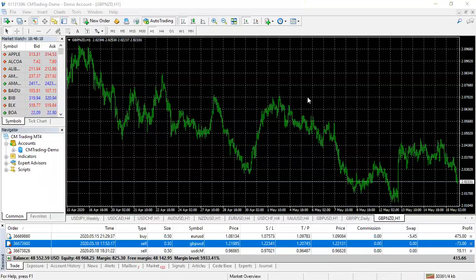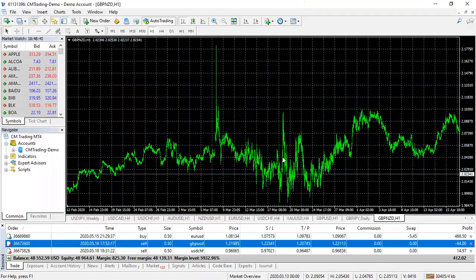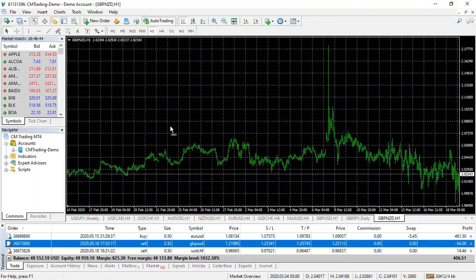Okay, so when it comes to drawing supports and resistance, it's advisable to zoom in or zoom out. It's going to give you something clear, and it's going to show you something you were actually not looking for. This is a sideways, a ranging market.